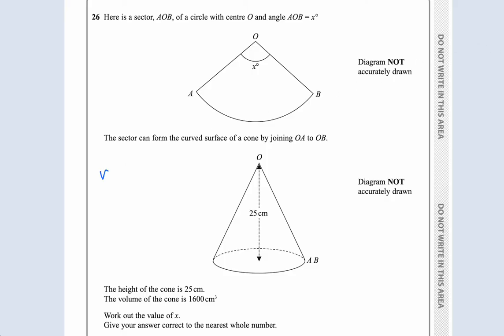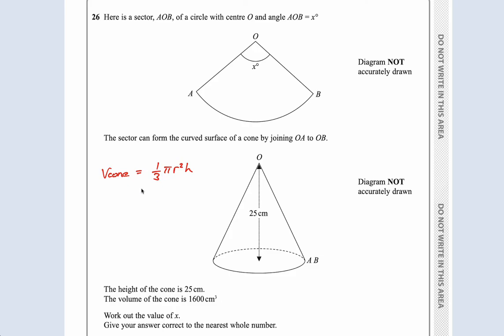Volume of a cone. This is given in the formula booklet. It is 1/3 pi r squared h. Okay, we have our h, we don't have our radius.